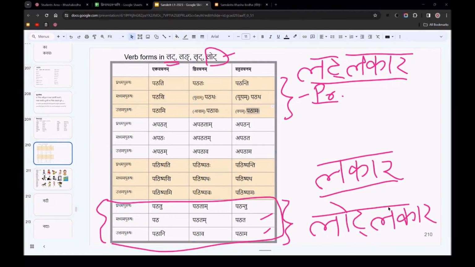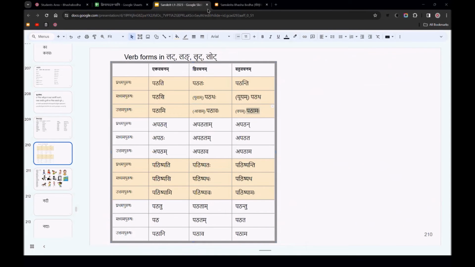This doesn't have a literal meaning, but these are just grammatical terms, which will be useful for you later, and also easy to refer to. Lot lakara means these forms are used for orders, the imperative case.